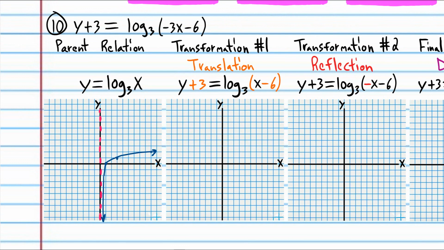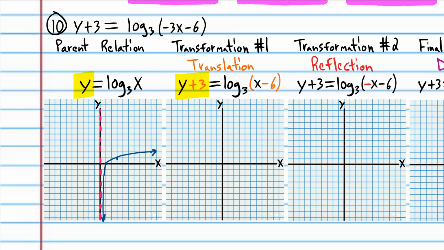Okay, so you can see that up in this equation we're adding 3 to y and subtracting 6 from x. So eventually we have to do those operations. So in this equation over here, we're going to rewrite the equation, except we're going to replace y with y plus 3, and we're going to replace x with x minus 6.